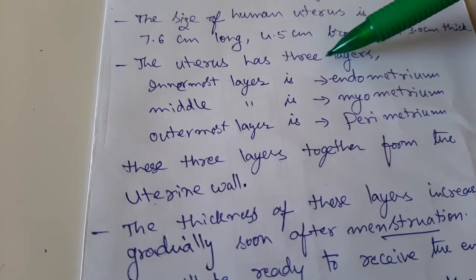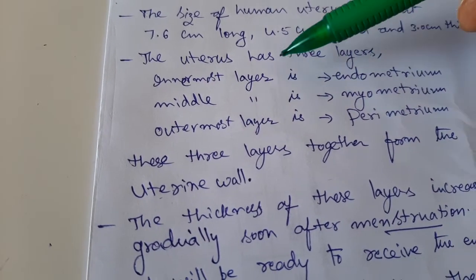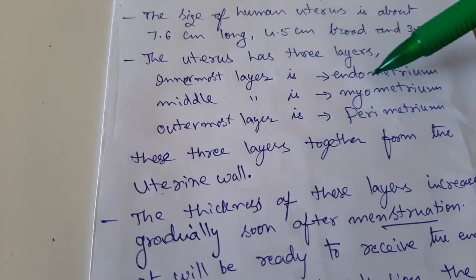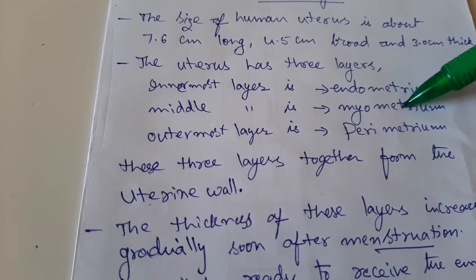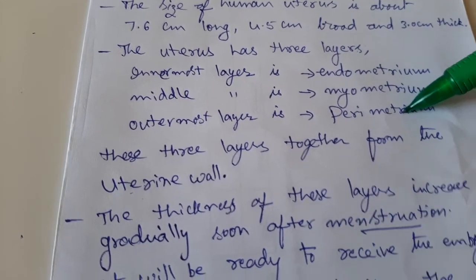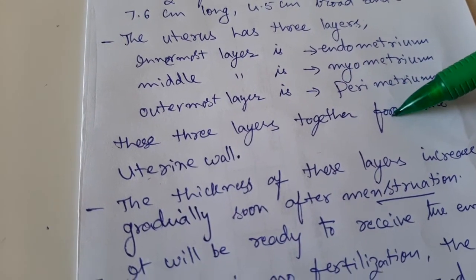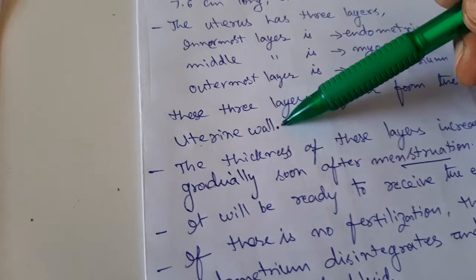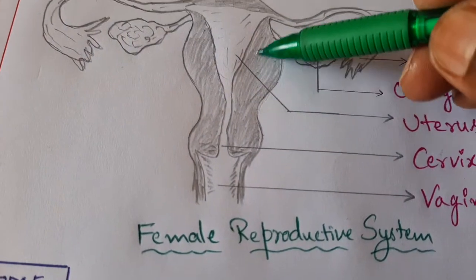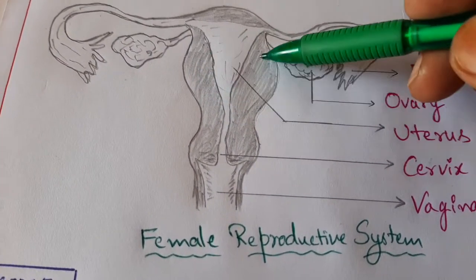So there are three layers. Innermost layer is called endometrium. Middle layer is called myometrium. Outermost layer is called perimetrium. These three layers together form uterine wall. So students observe this thick wall. It is called uterine wall.